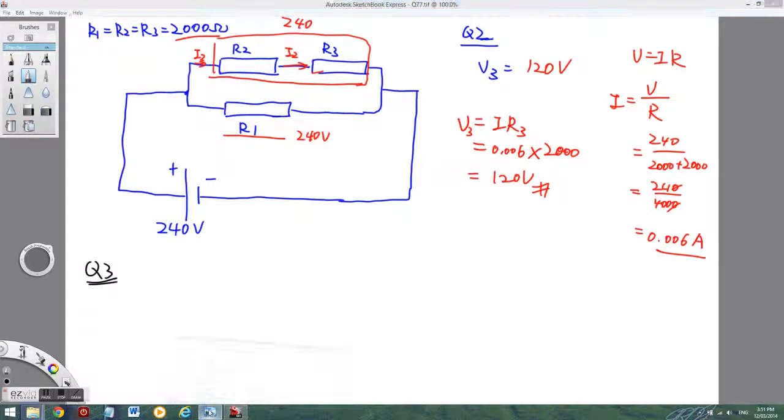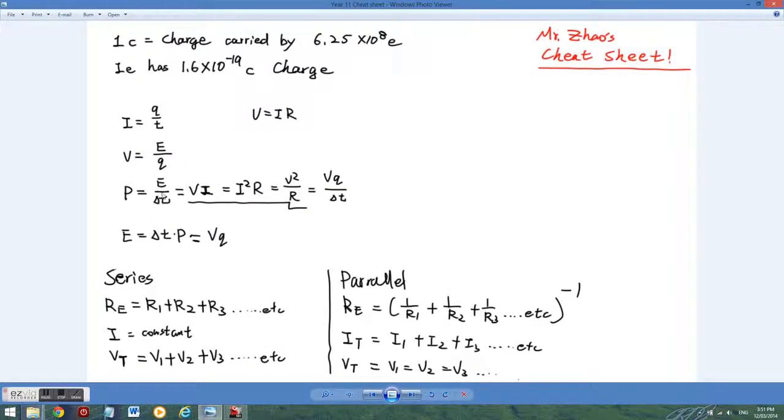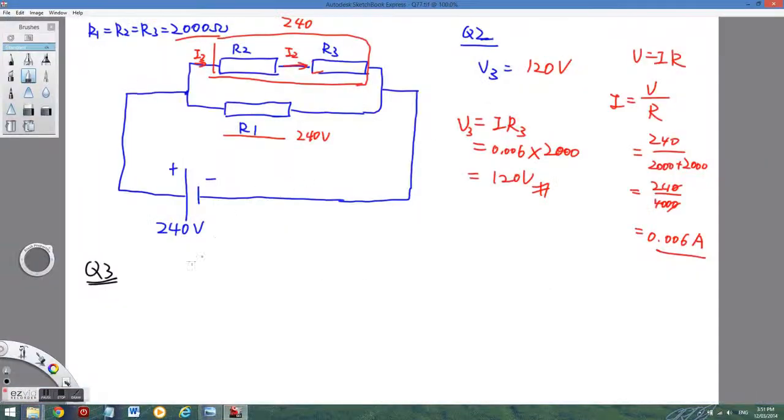If I look at my cheat sheet, power is equal to energy divided by time, VI, or I squared R, or V squared over R. Let's write down the equation: I squared R, VI, or V squared divided by R.